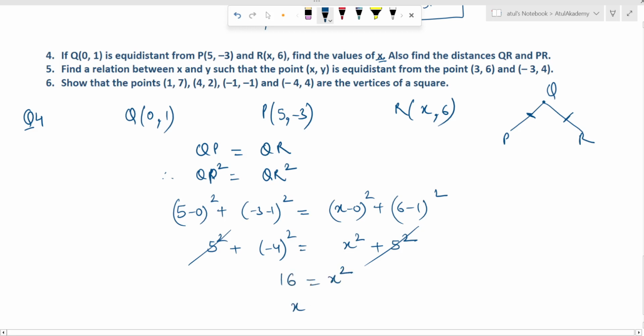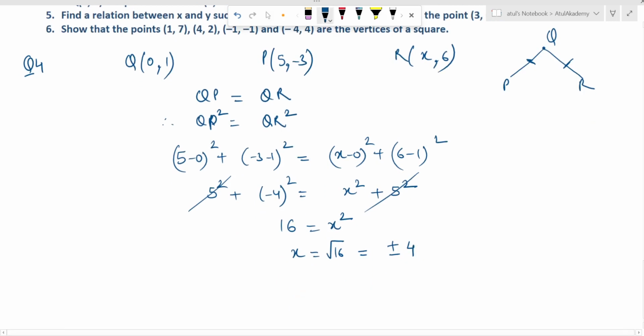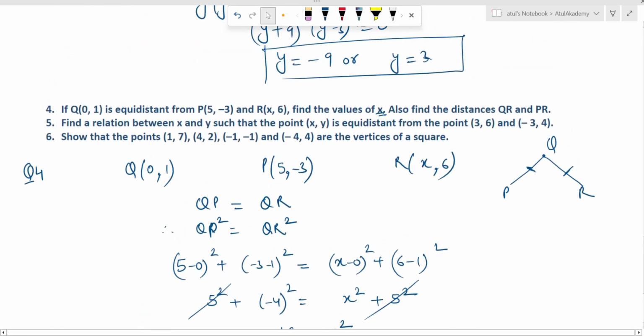So when I square root this, I'll get the value of x as plus minus 4. So I got x as plus minus 4, meaning the coordinates of R are (minus 4, 6) and R is also (4, 6).